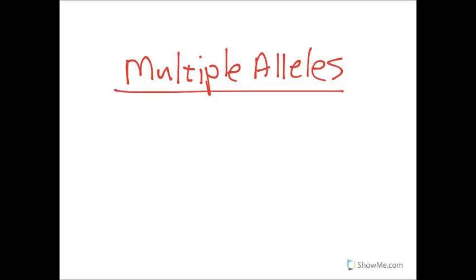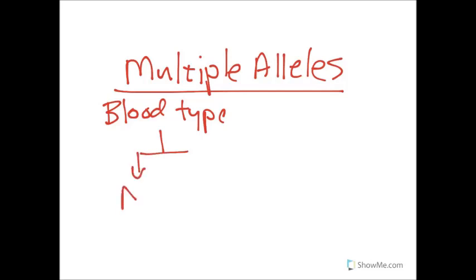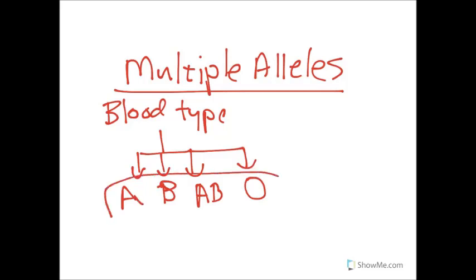So let's say I have a gene called blood type, and then the types being A, B, and O, these being alleles that all come together to make a blood type.